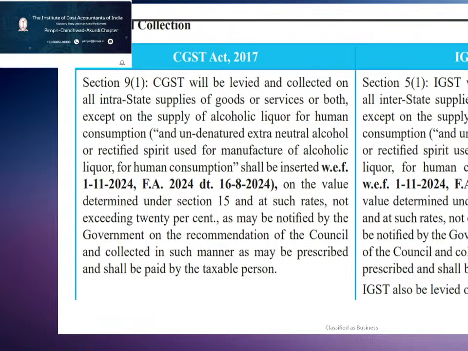What are the items included in the aggregate turnover? All taxable supplies, excluding the value of inward supplies on which tax is payable by a person on reverse charge basis, and we have exempt supplies, so excluding exempt services.